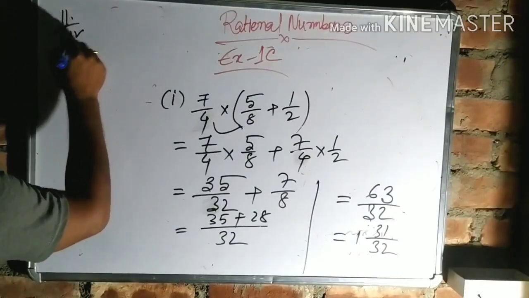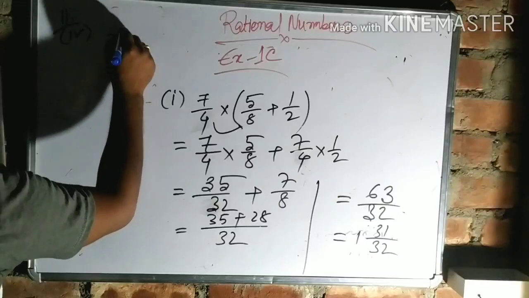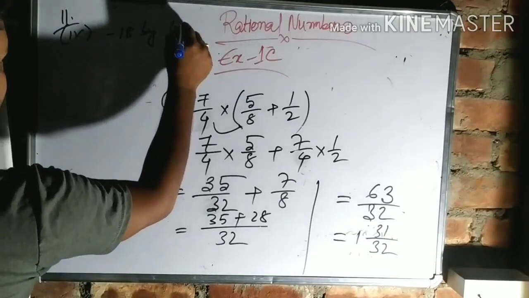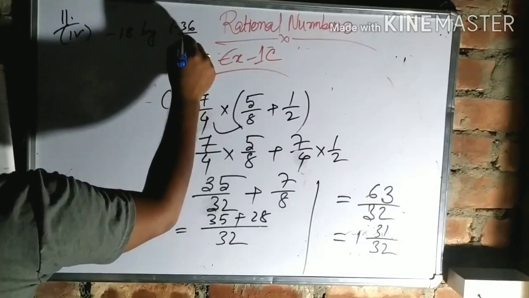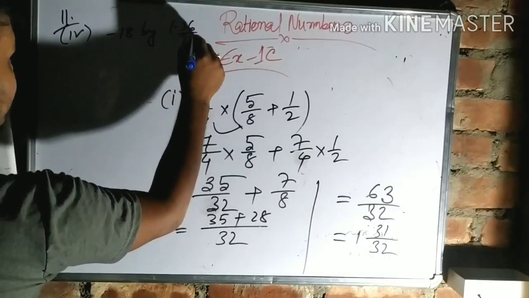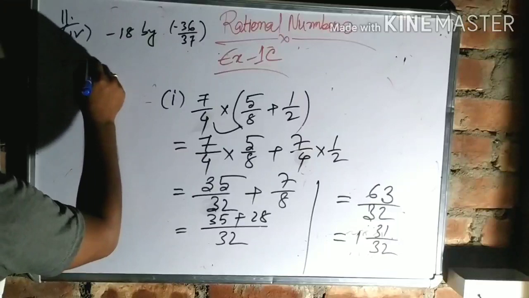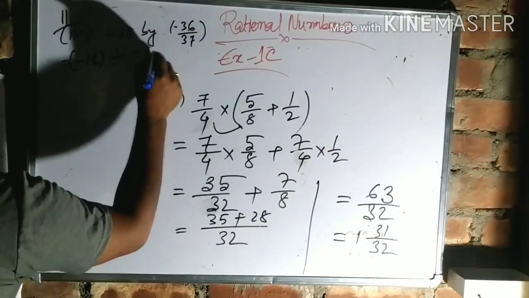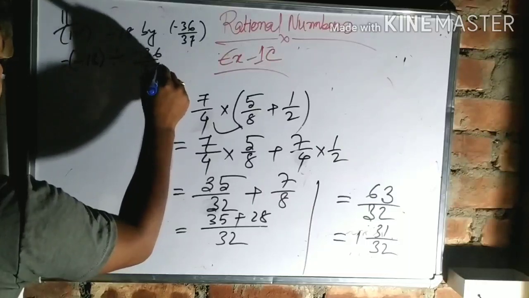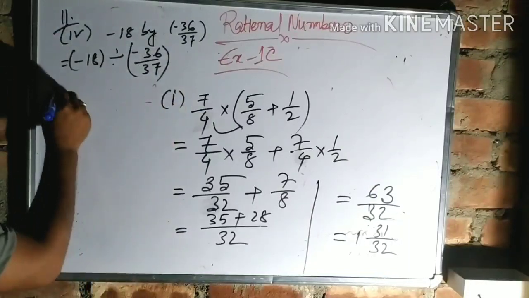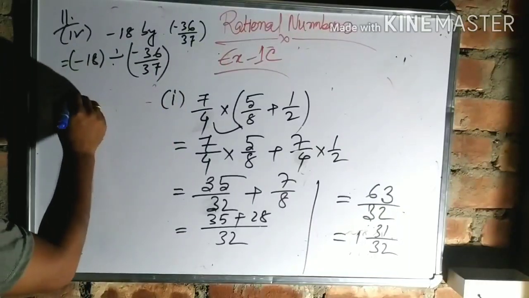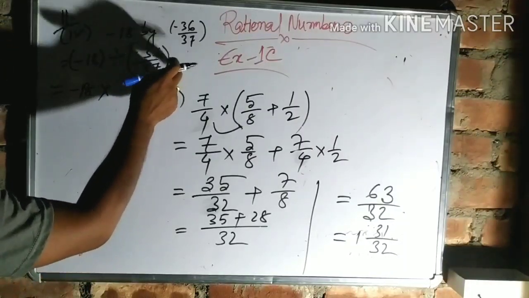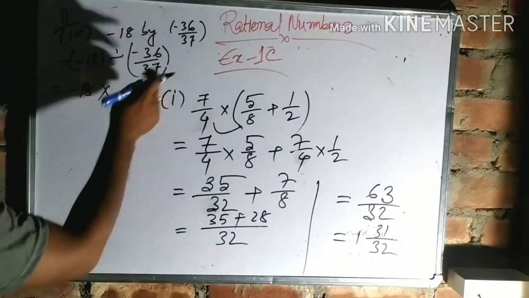Divide minus 18 by minus 36 by 37. So what is the result? Minus 18 divided by minus 36 by 37. Okay. So what is the property of division? Division becomes multiplication, and we write the multiplicative inverse of this one.